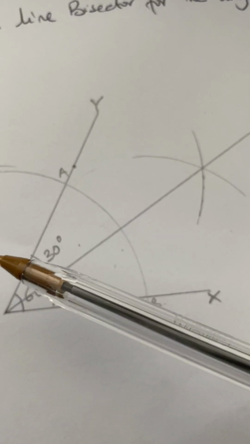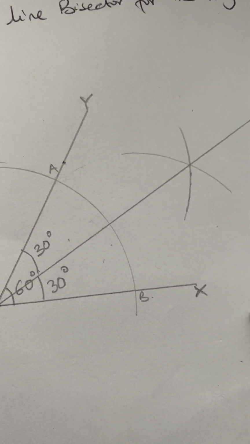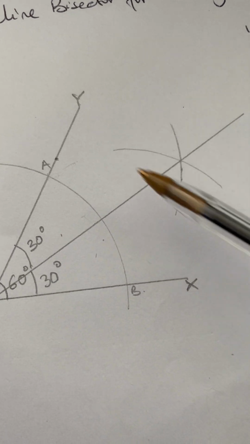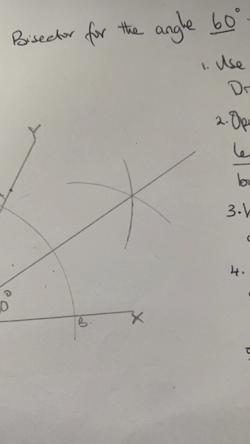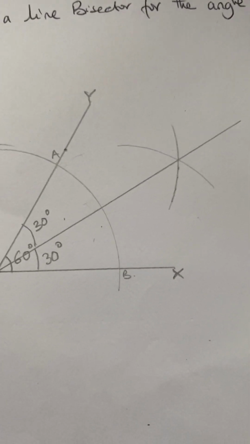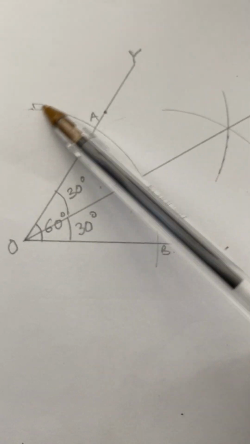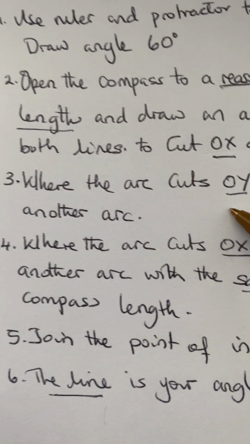If you open the compass big and it goes beyond this length, that means you have to extend your line, and then your arc will be somewhere here. So that's why I said reasonable length. So after you've drawn this arc here, when the arc cuts OX, draw another arc.